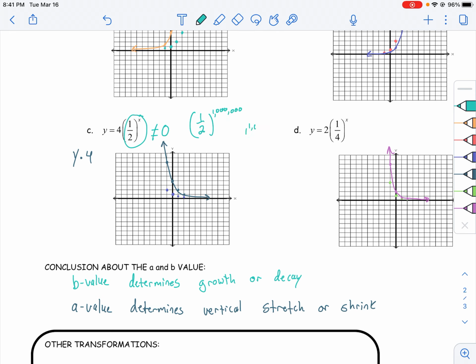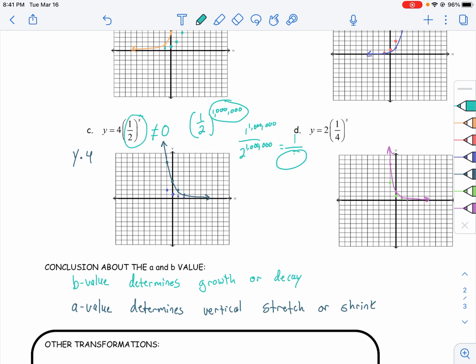That's literally 1 to the 1/millionth over 2 to the 1/millionth power. So that's just going to be 1 over some really massive number, which is really close to 0, but it's not quite 0. So therefore, we can't say that this graph is ever going to reach 0.